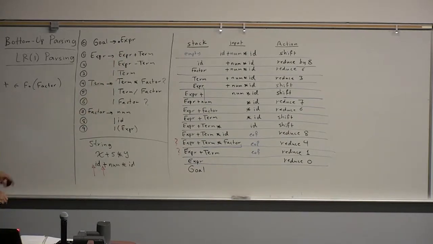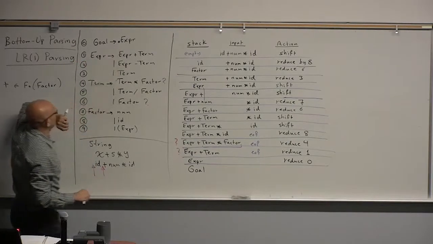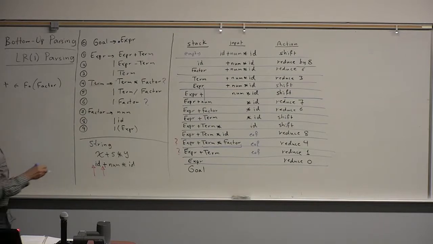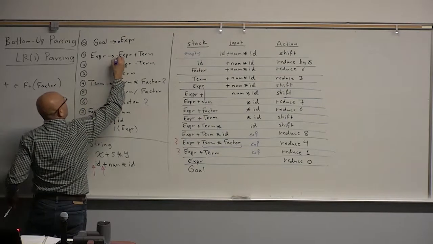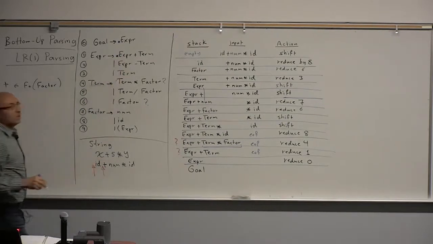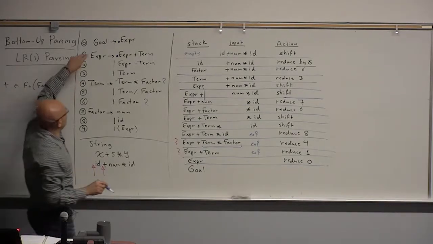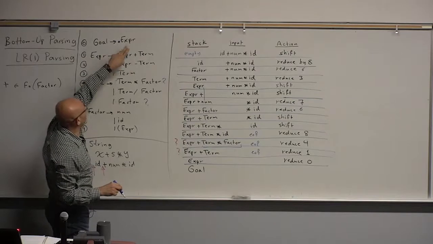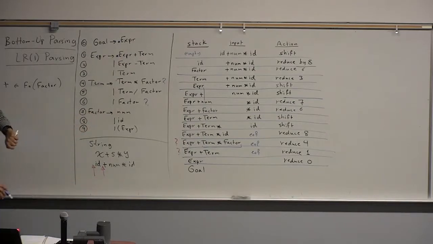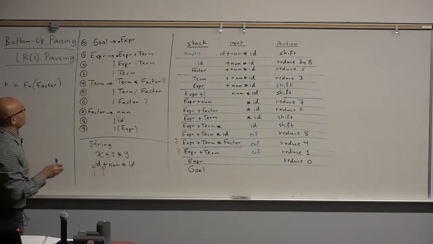But since the first rule has an expression, then we are also here in this rule. This is what we call implication. This implies that if we are at the beginning of an expression, then we are at the beginning of a rule that defines expression, and the rule that defines expression is this rule.